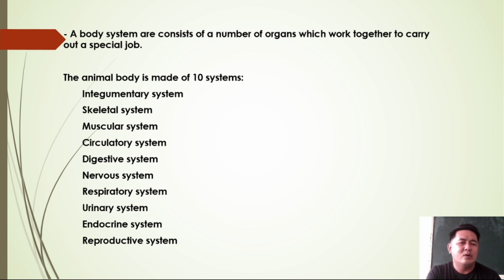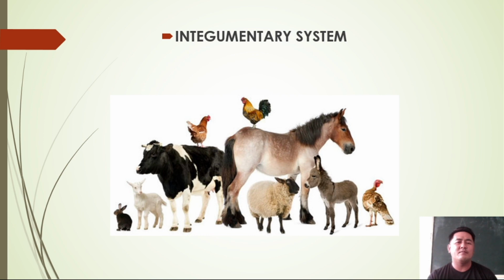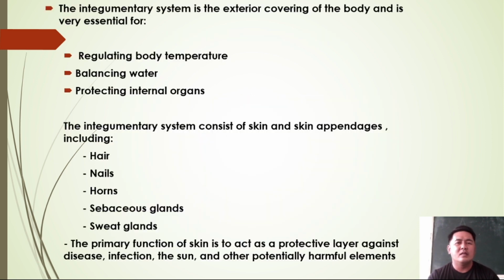Okay, so the first body system that we're going to discuss is the integumentary system. What is the integumentary system? Okay, so the integumentary system is the exterior covering of the body and is very essential for regulating body temperature, balancing water, and protecting internal organs.